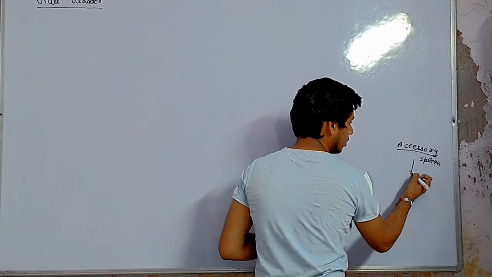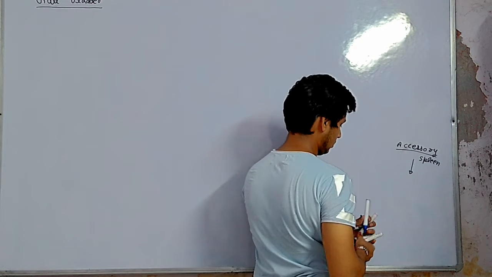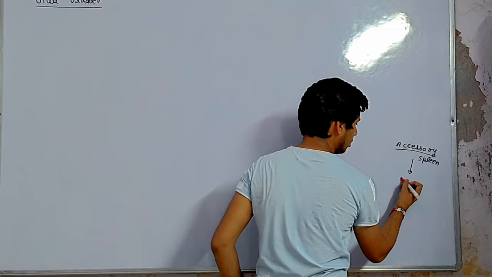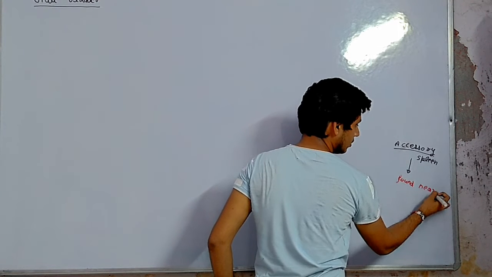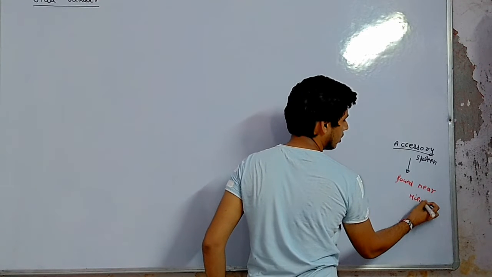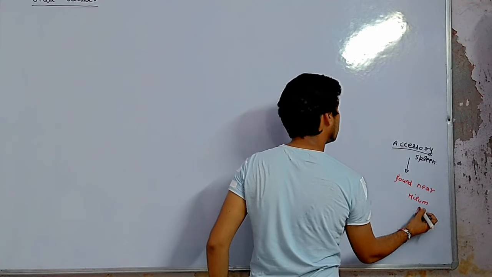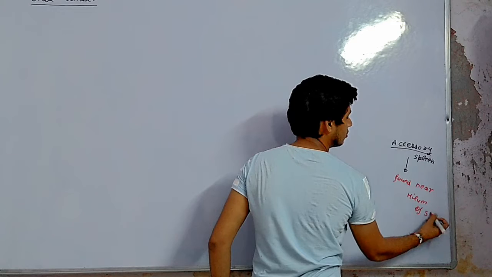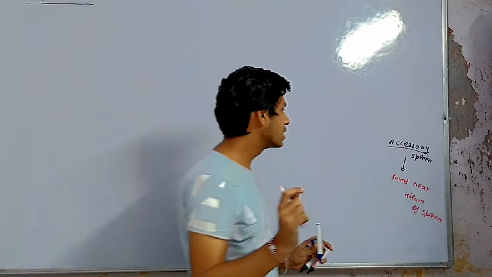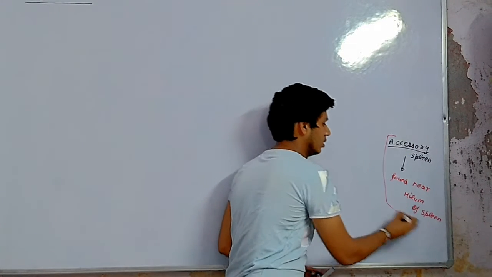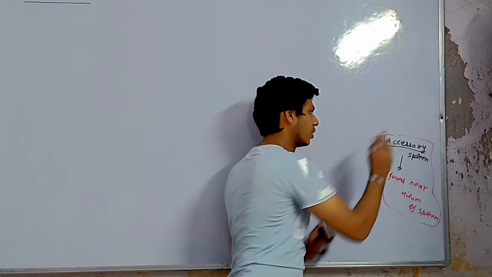It is found near the hilum of the spleen. Just important points, short. Small droplet-like spleens are also present near the hilum of the spleen in some cases. Just remember it.